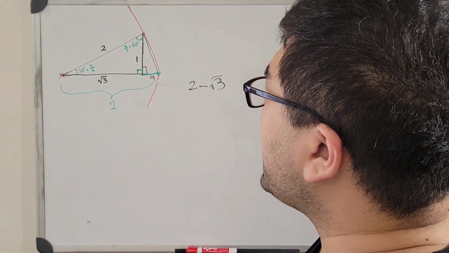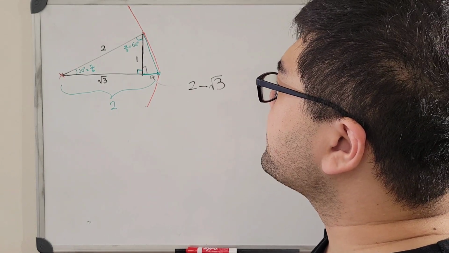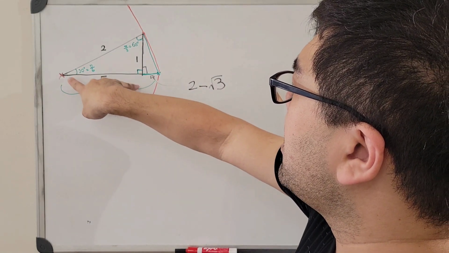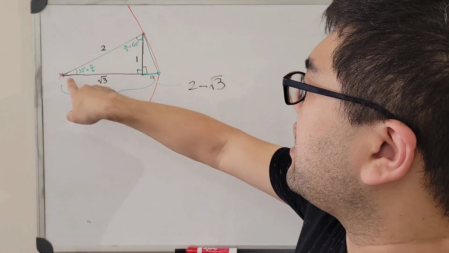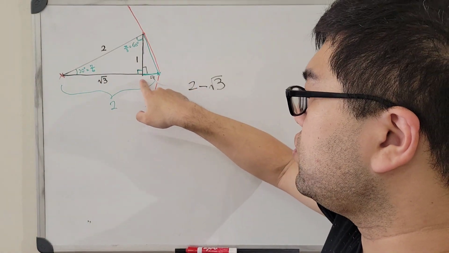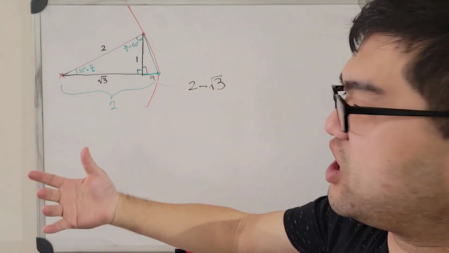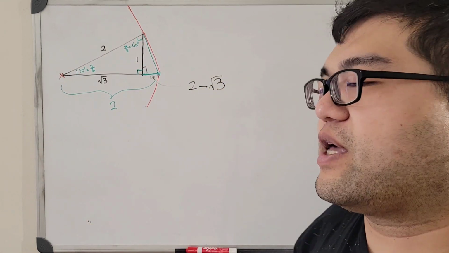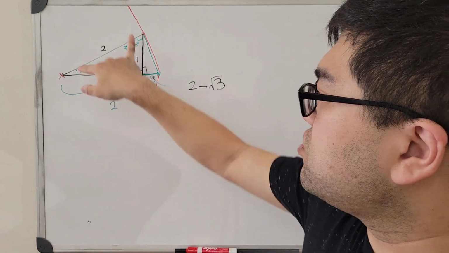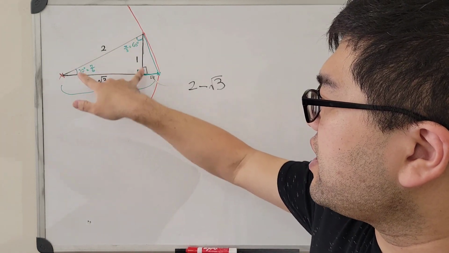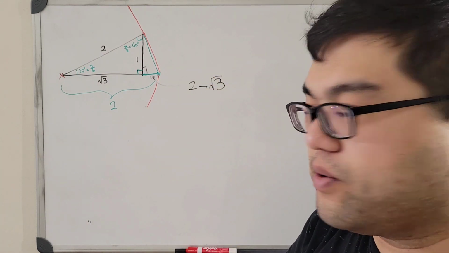Good. Now, what does that do? Consider that this total length down here is equal to 2, which is equal to the hypotenuse up here, and that's because these two are radii of the circle.